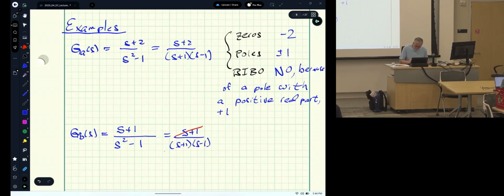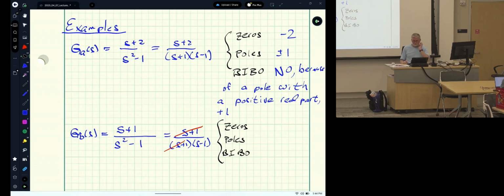You have to cancel these, so that's why we're doing this example. Zeros, poles, BIBO.